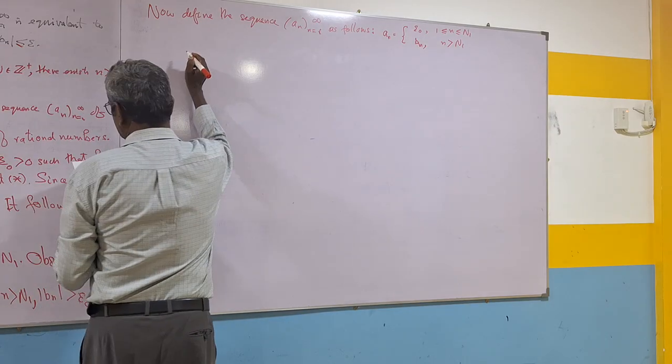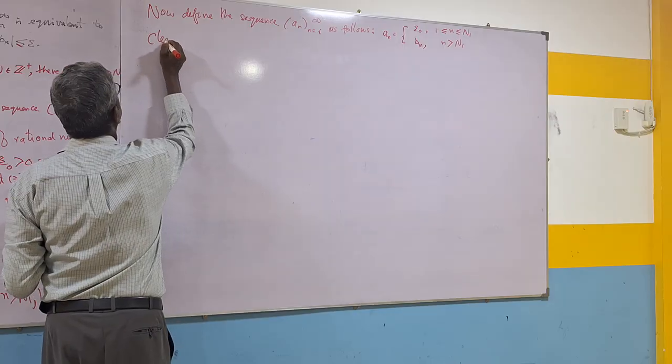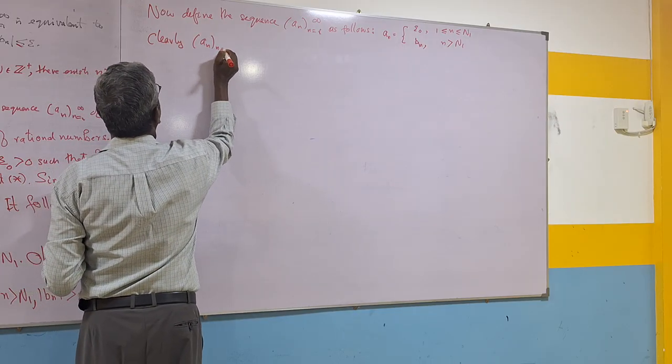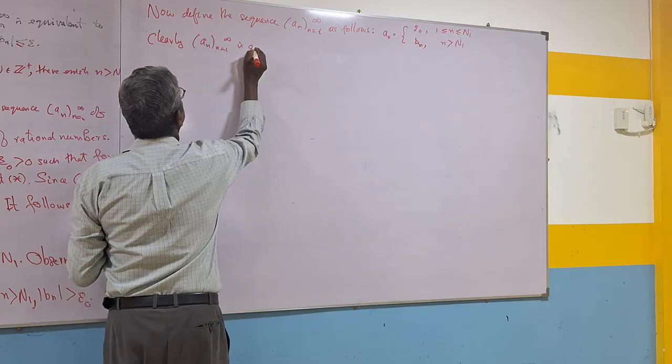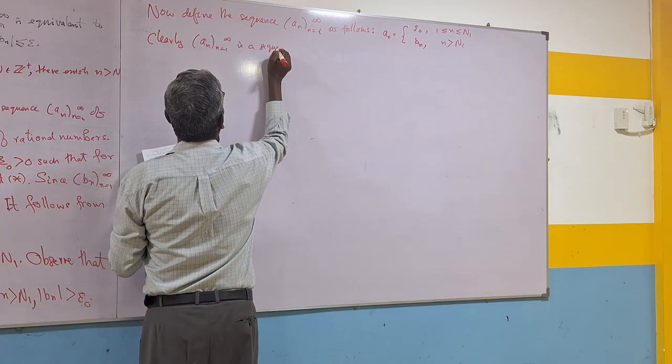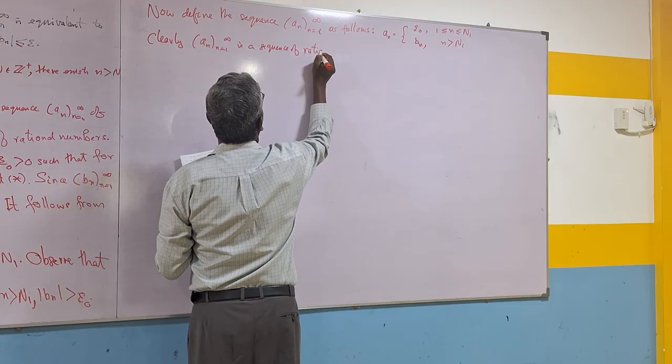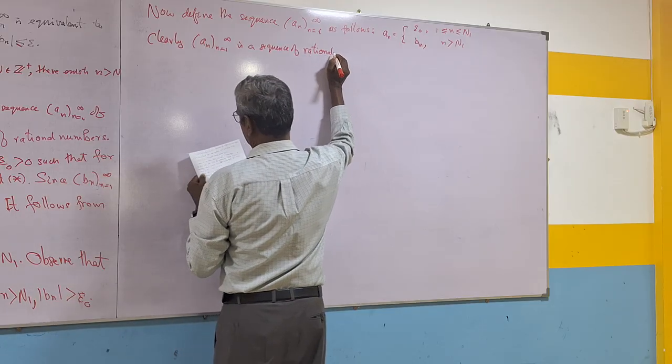One thing is very clear: An, n going 1 to infinity, is a sequence of rational numbers. That much is very clear.